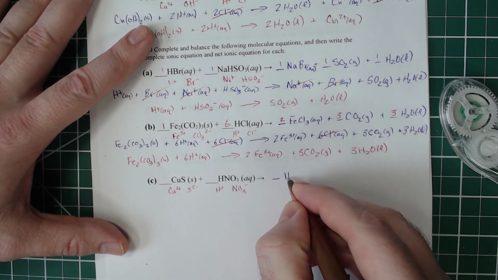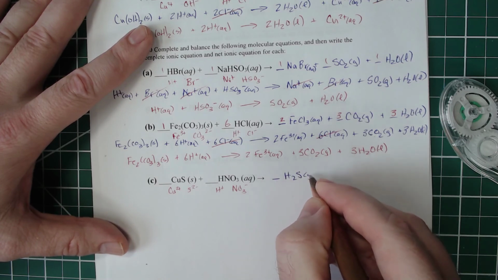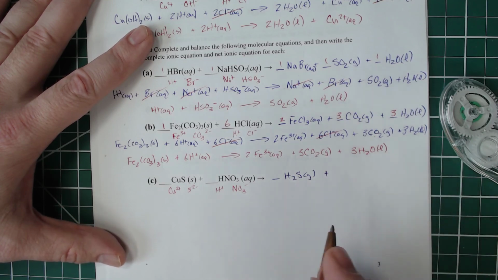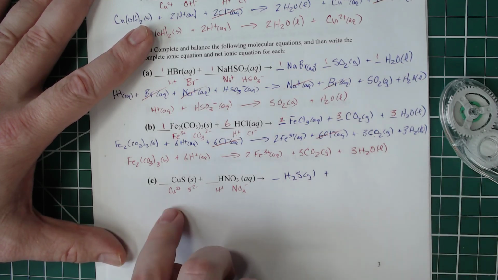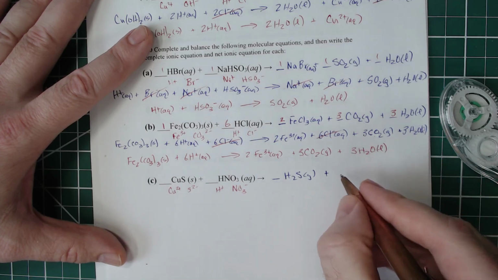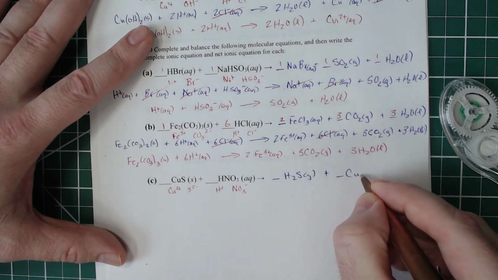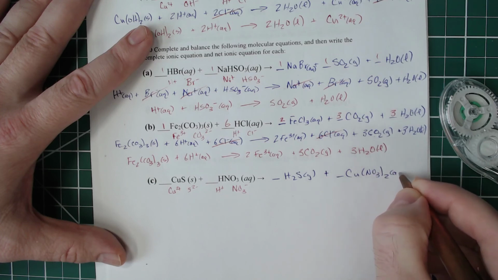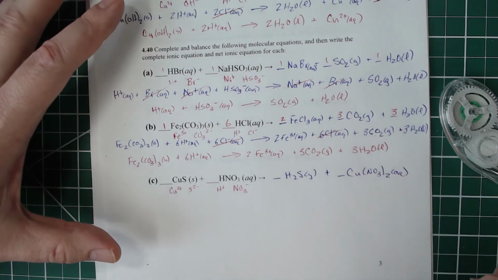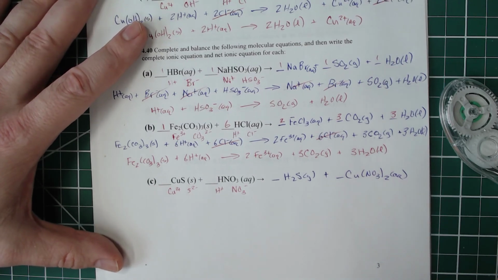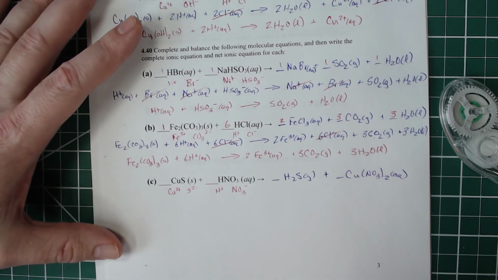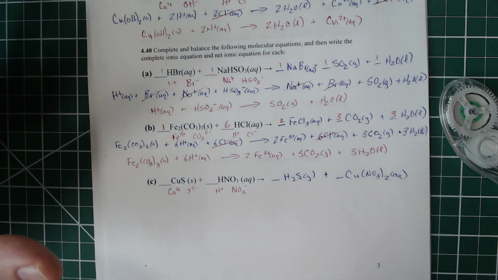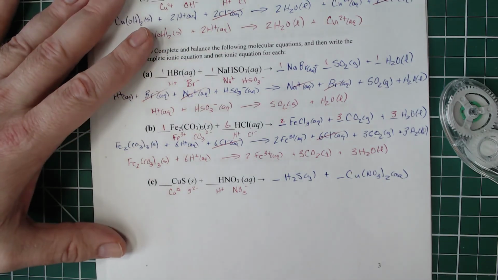H2S as our gas. And then for the copper, we'll end up with nitrate. Copper is +2, nitrate is -1, so we're going to get Cu(NO3)2 aq. Now that we've got that, we need to balance this equation.